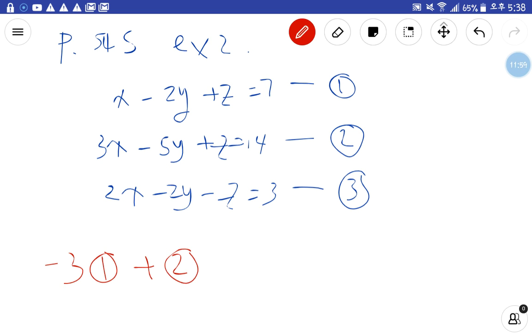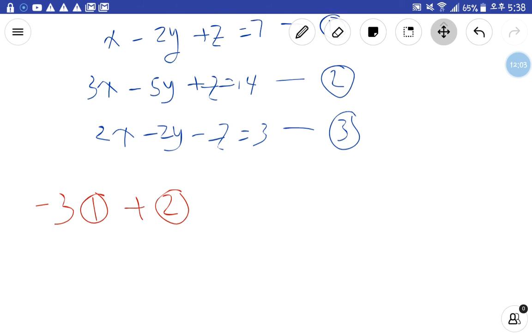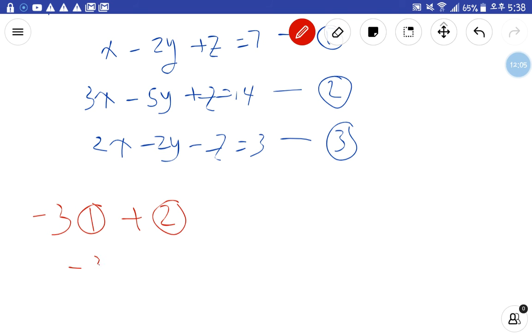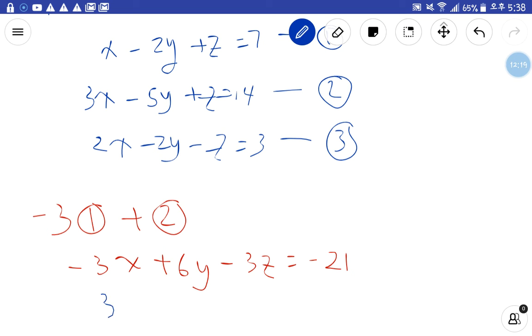That's the meaning. Alright, so now I'm going to times negative 3 to everything. That would be negative 3x plus 6y minus 3z equals negative 21. Now I'm going to add this to 3x minus 5y plus z equals 14. You are going to add them up, and the answer is going to replace the second equation.